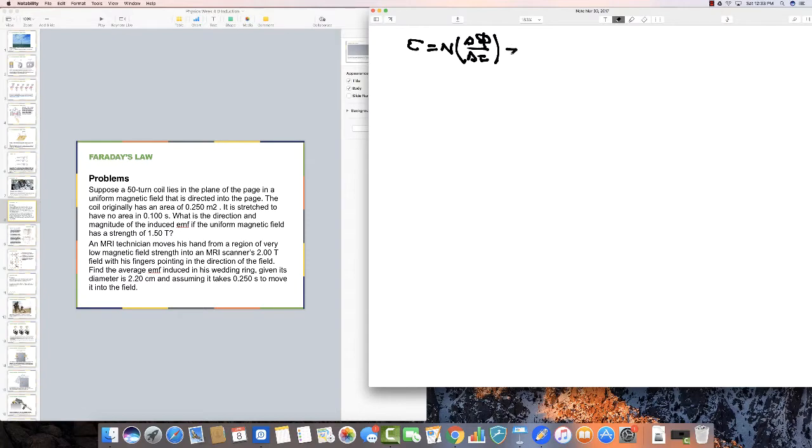That's equal to N times the field times the change in area over the change in time.